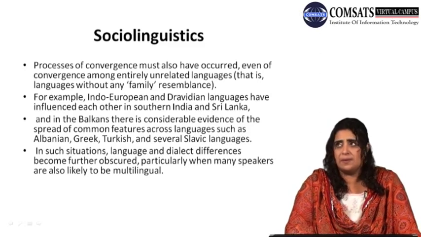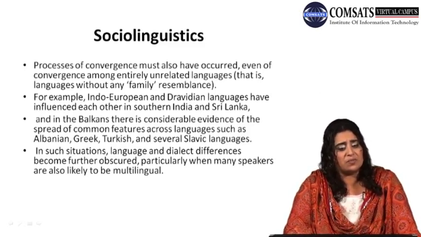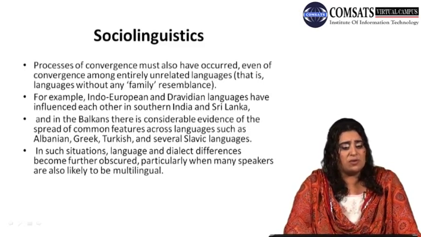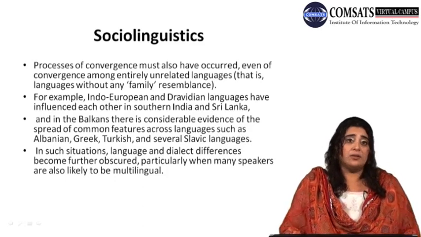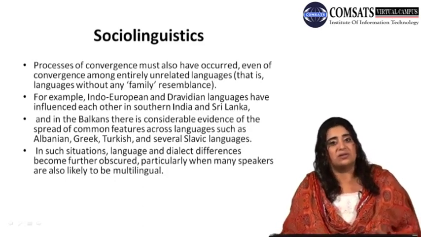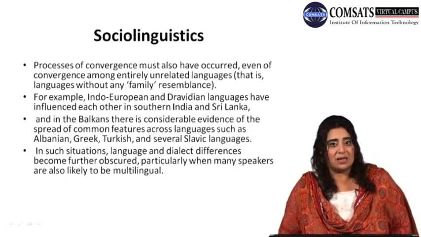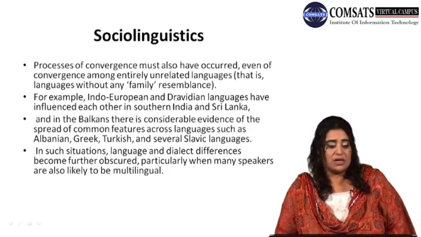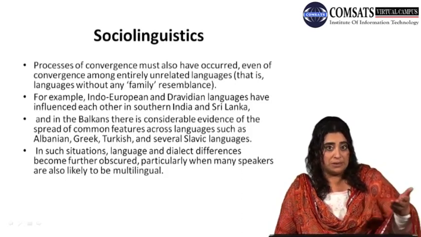And in the Balkans, there is considerable evidence of the spread of common features across languages such as Albanian, Greek, Turkish, and several Slavic languages. In such situations, language and dialect differences become further obscured, particularly when many speakers are also likely to be multilingual.